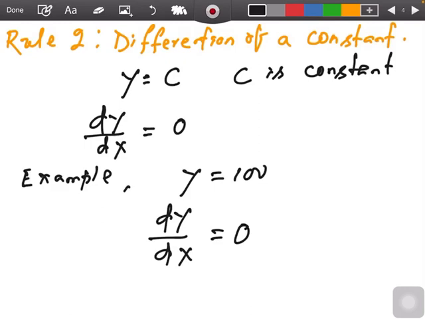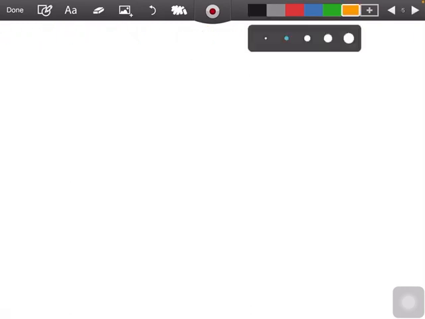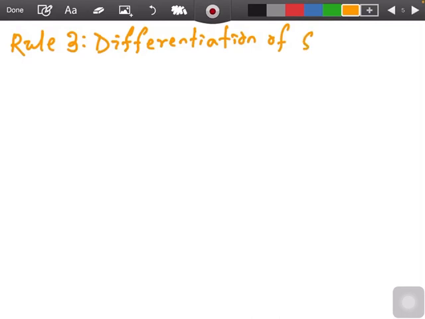Next is your rule number 3, that is differentiation of sum and difference.